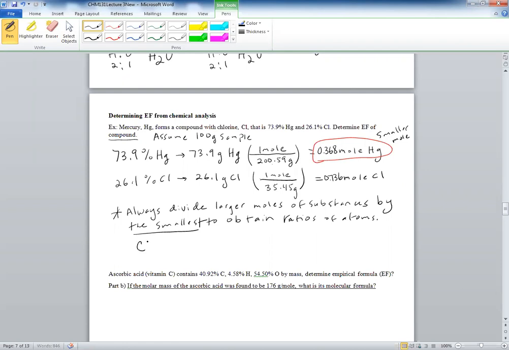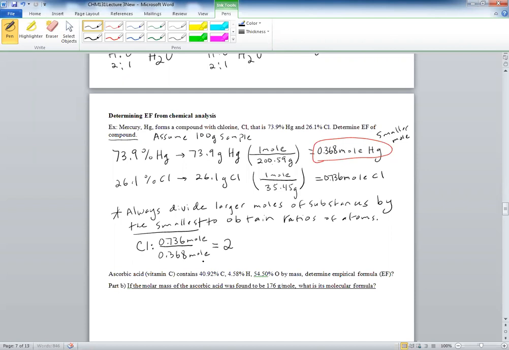We say Cl, 0.736, divided by the moles of Hg, 0.368. And that gives us 2.